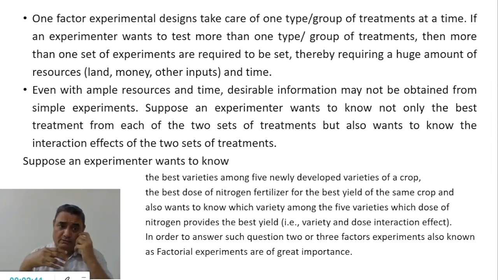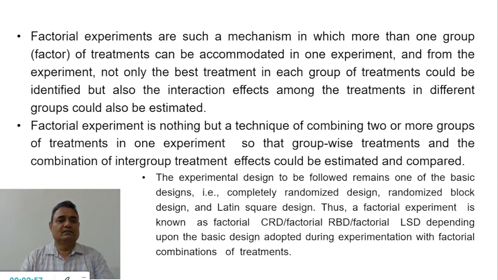So in order to answer such questions, 2 or 3 factor experiments, factorial experiments, are used, in which more than one factor is involved. Factorial experiments are such a mechanism in which more than one group of treatment can be accommodated in a single experiment.